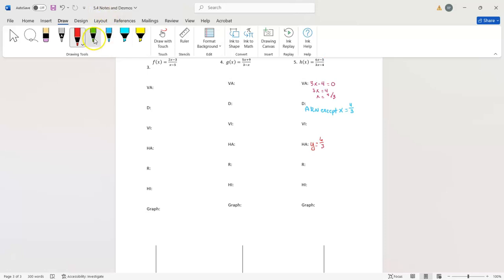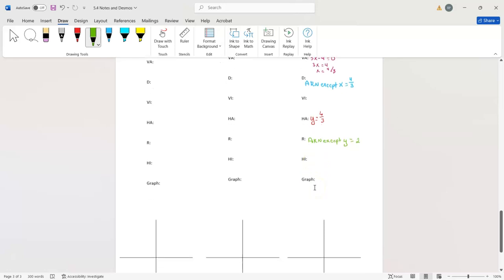And that means my range is all real numbers except y equals, and here we can simplify this if we want to. We can simplify it now if we want as well, simply because we've already gone through the exploratory piece of this. So we can say that y equals 2. You can leave it as 6/3 if you want to. And again, the horizontal intercept will let Desmos do that.